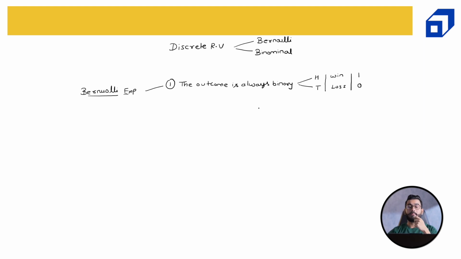So it will always be binary. The second one is the number of trials is only 1. So we are just performing the experiment one time.